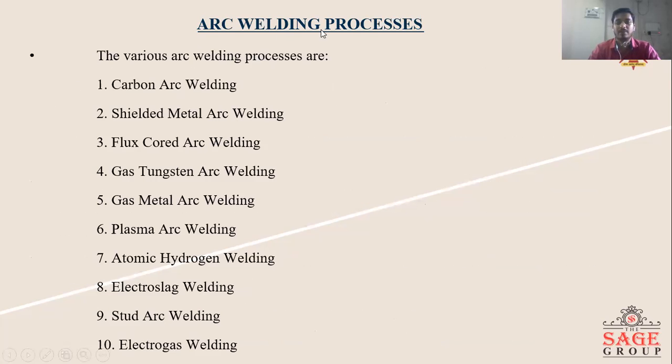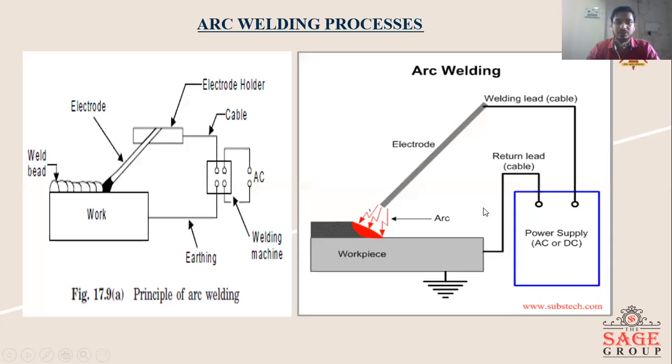Various types of arc welding process are there, like carbon arc welding, shielded metal arc welding (SMAW), flux core arc welding, gas tungsten arc welding (TIG), gas metal arc welding (MIG), plasma arc welding, atomic hydrogen welding, electroslag welding, and stud arc welding. So these are the types of arc welding processes. We will discuss all the processes one by one.